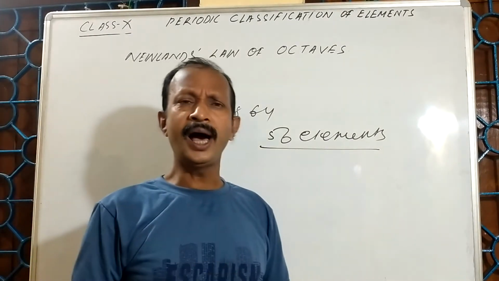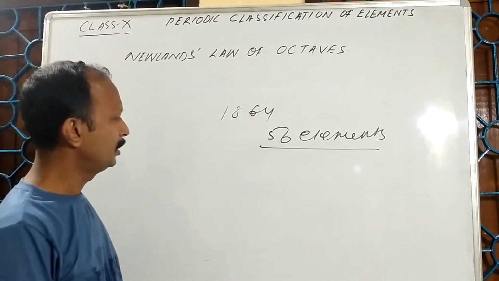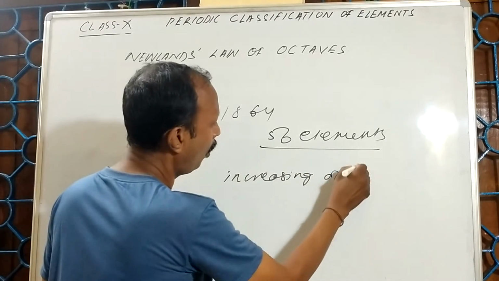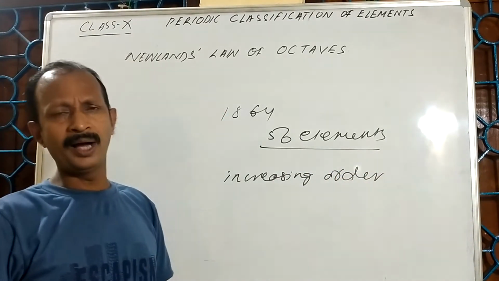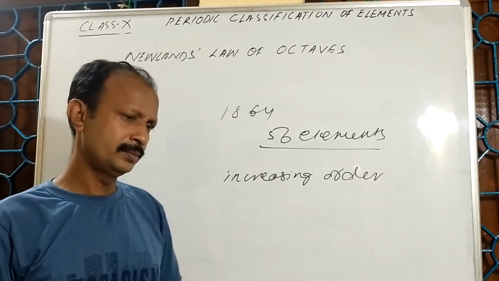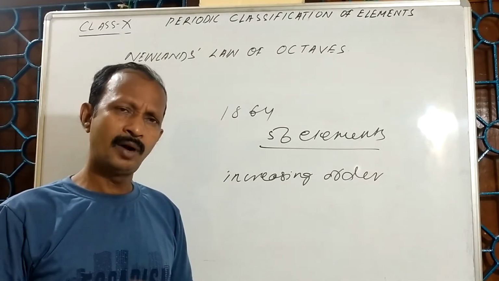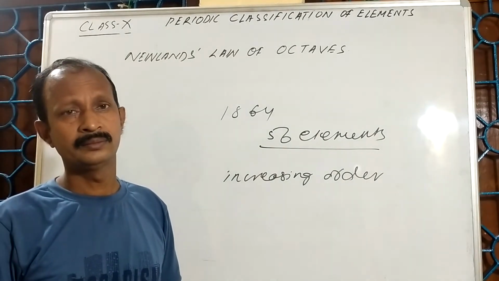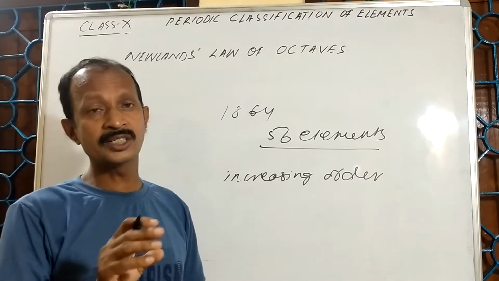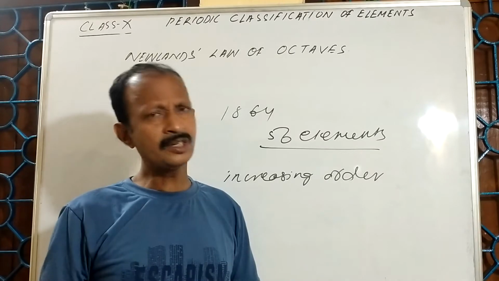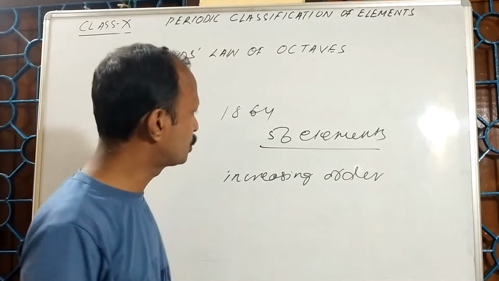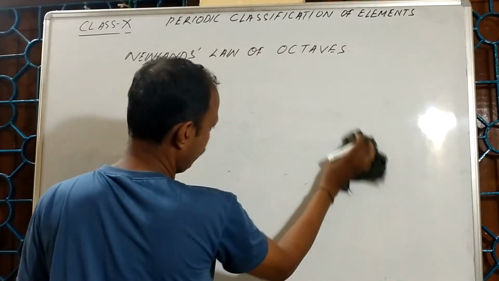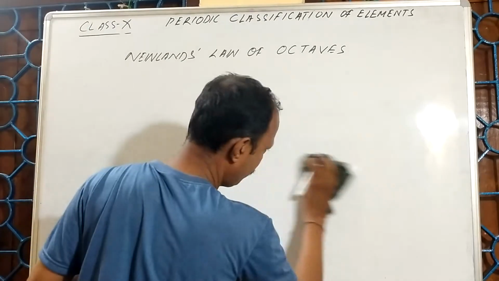Newlands, when he arranged the elements according to increasing order of their atomic masses, found a wonderful relation that every eighth element is similar to the first element. On the basis of his observation, he proposed a law, what we say Newlands law of octaves. So what is that Newlands law of octaves?